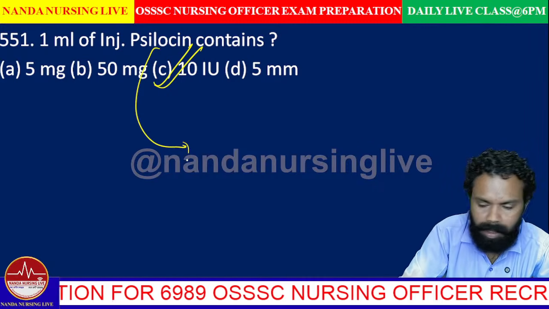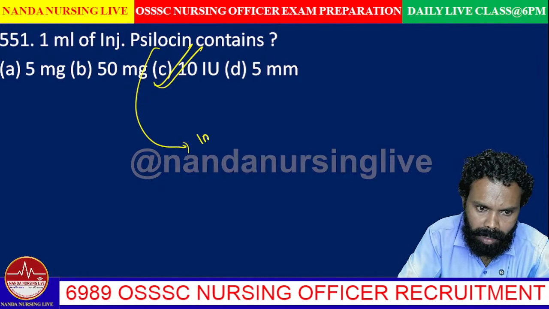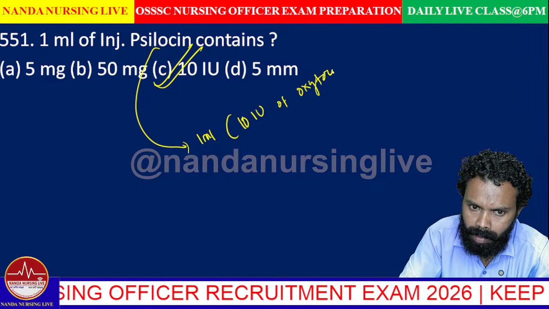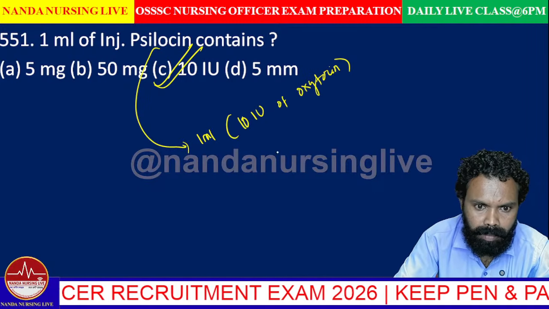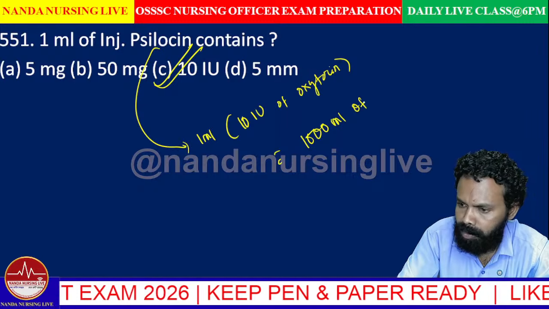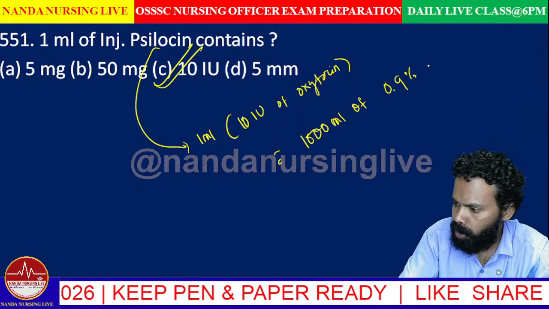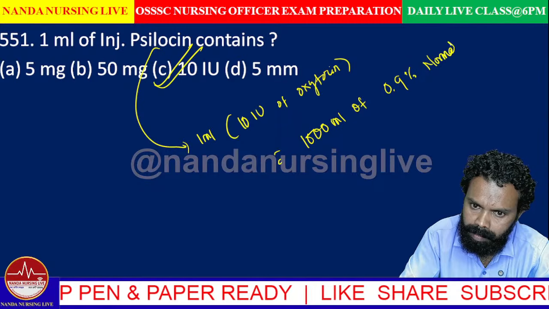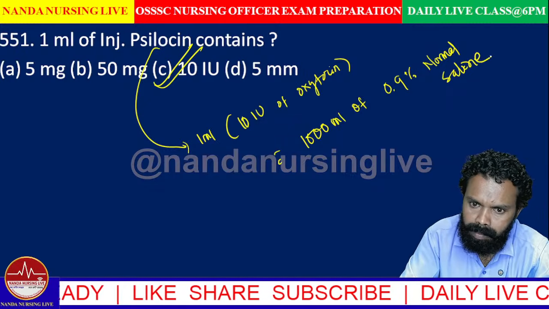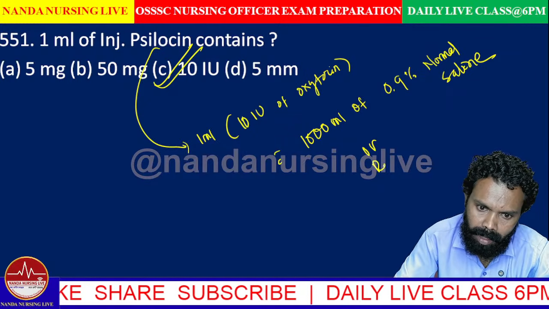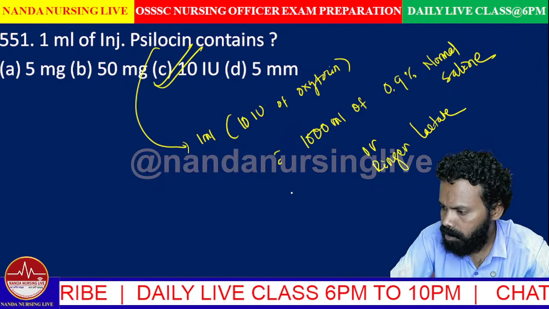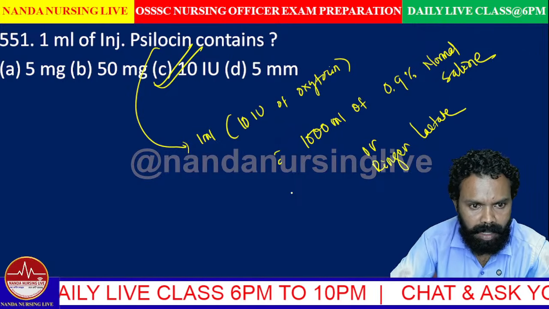Pitocin is prepared with 1 ml or 10 international units of oxytocin with 1000 ml of 0.9% sodium chloride or normal saline, or Ringer's lactate. So 1 ml of injection Pitocin contains 10 international units, right.